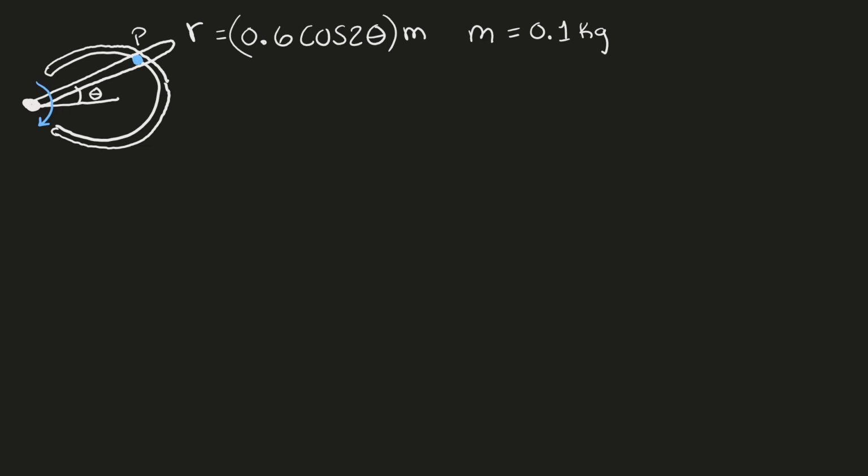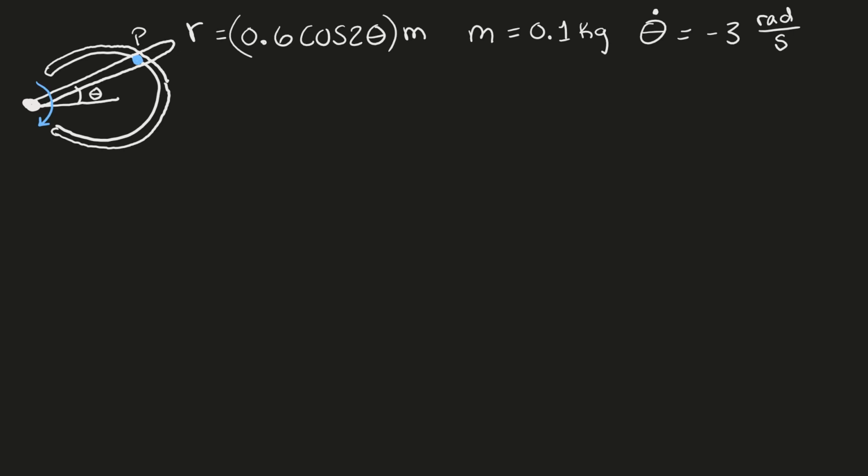Its motion is controlled by the rotation of the slotted arm, which they're calling OA, although I won't write down those points, which has constant clockwise angular velocity given by theta dot equals -3 radians per second. Determine the force arm OA exerts on pin P when theta equals 0 degrees.